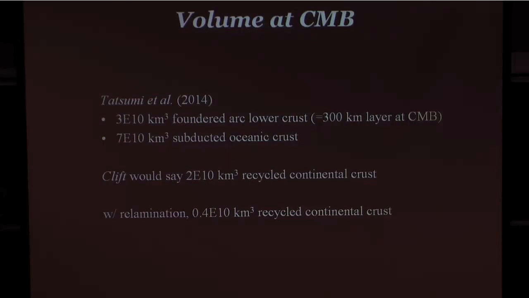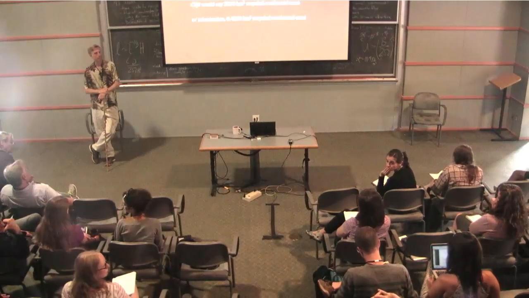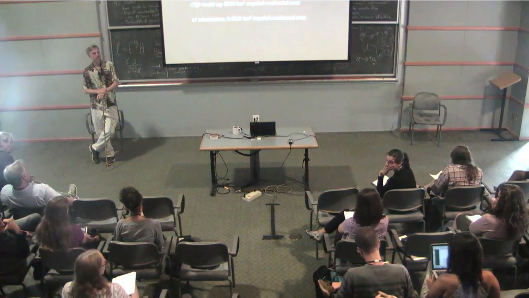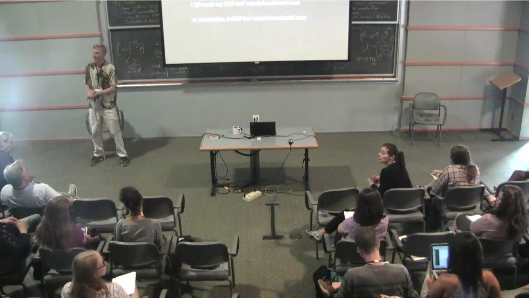Does anybody have those numbers? How thick are they? 500, and they cover 50% of the surface? 9 times 10 to the 11, right? 9 times 10 to the 11, and so if you take 1% of that, it's 9 times 10 to the 9, and then you multiply that by 5, you get 4 times 10 to the 10. So the LLSVPs are what mass of the mantle?